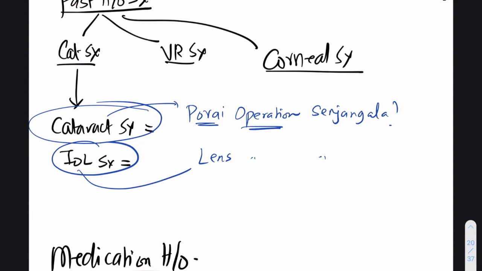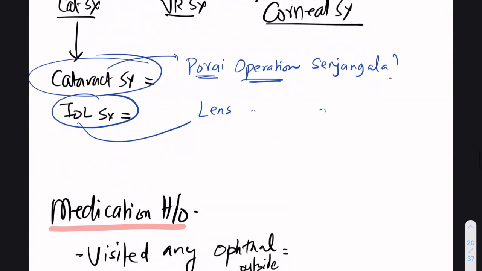Some educated patients, if they underwent phacoemulsification, will use the word laser. Laser operation senjangala. Some will say machine. Machine operation senjangala. They have various synonyms for cataract surgery only. Okay, these are important things to understand.